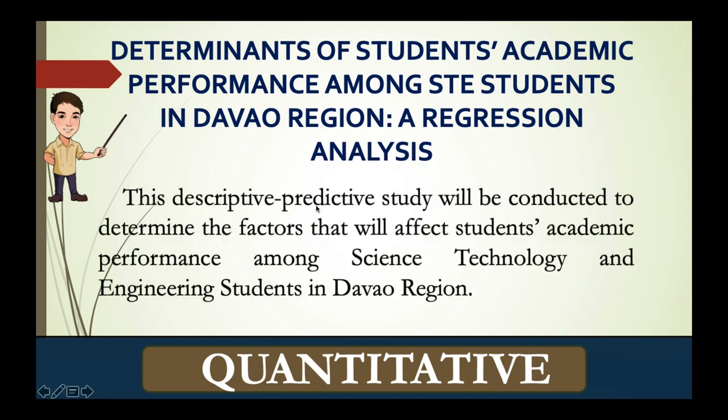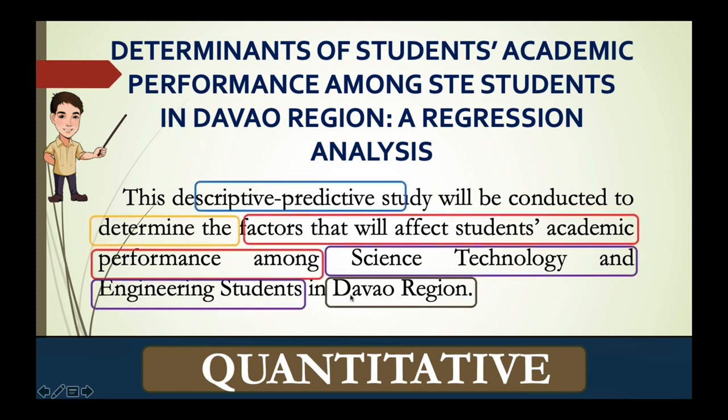This descriptive predictive study, a quantitative research design, will be conducted to determine the factors that will affect students' academic performance among science, technology, and engineering students in Davao region. The highlight of the central idea is determining the factors that will affect students' academic performance. The respondents are the STE students, and the site is Davao region.